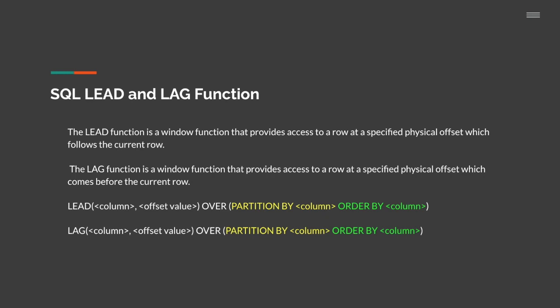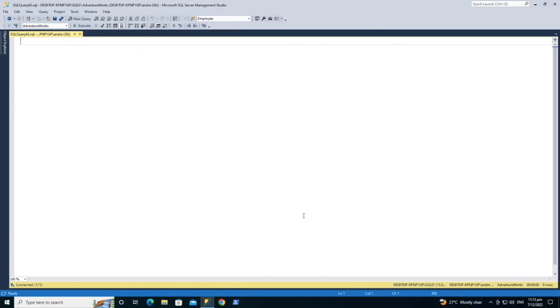Let's take a look at these two functions in practice to get a better understanding as to how they truly work, and what is meant by the specified physical offset that either follows the current row or comes before the current row. Today we'll be looking at our staff table, so we'll do a select statement on that.